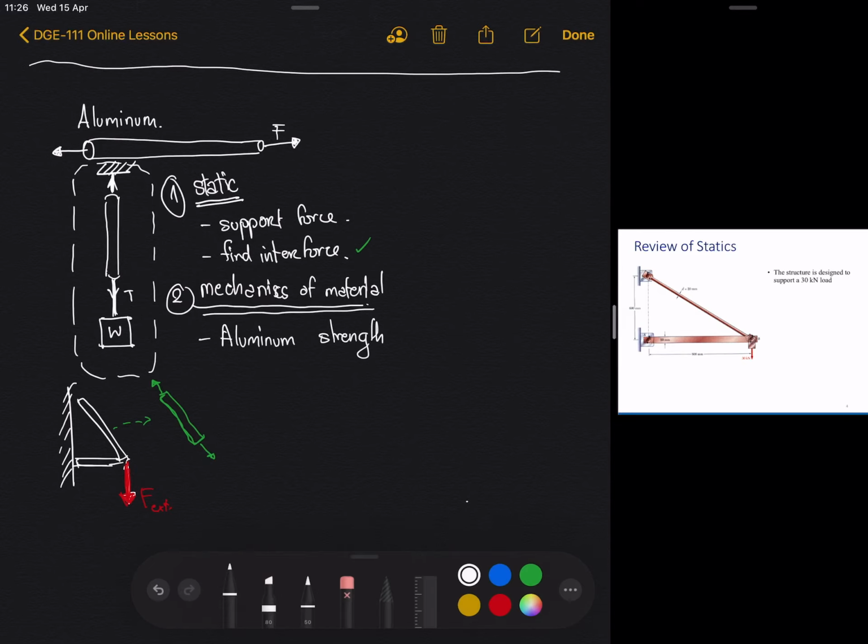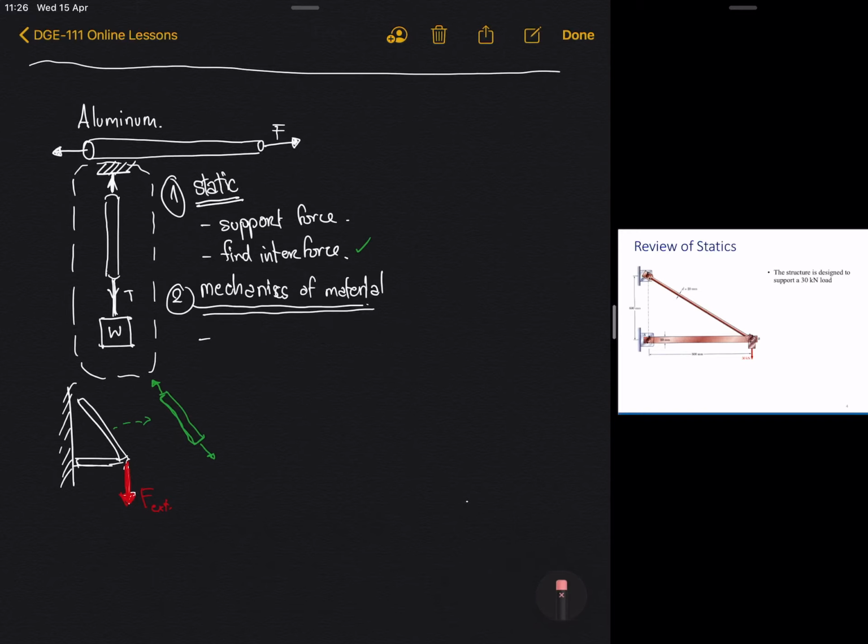Okay, maybe I'm not good at writing here. So I will say find the load, or so to say stress of the body. This is the first step.